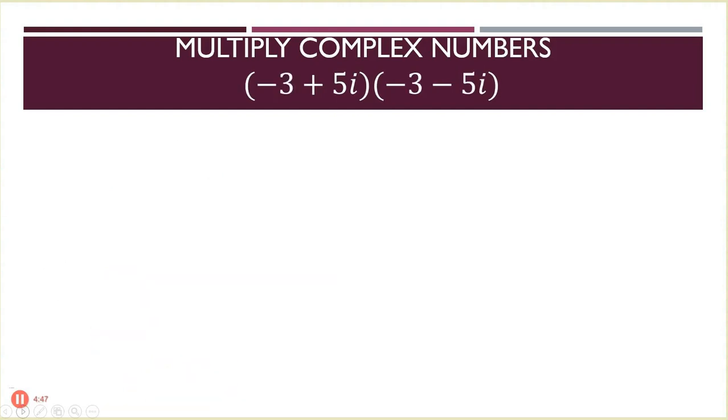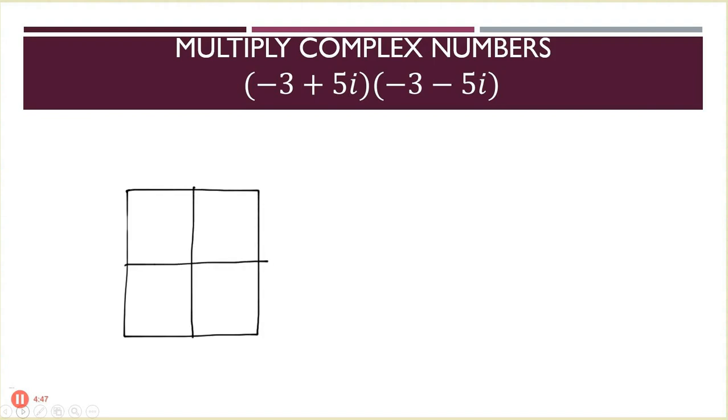In this last example, we are multiplying negative 3 plus 5i times negative 3 minus 5i. Creating our area model, listing our complex numbers on the outside.